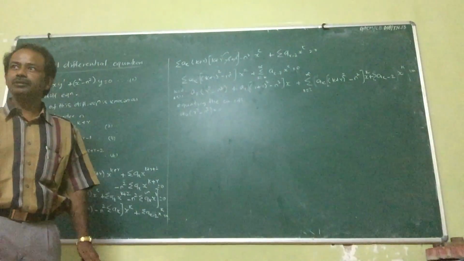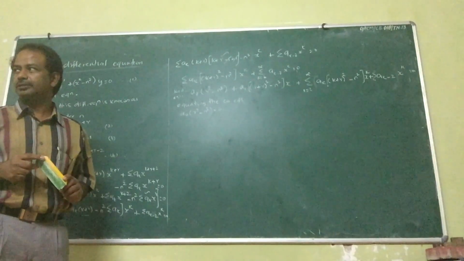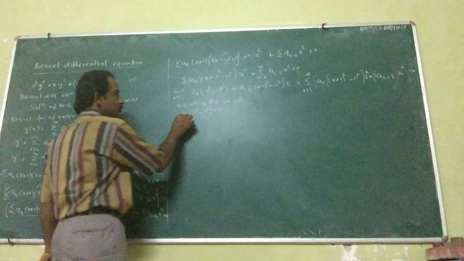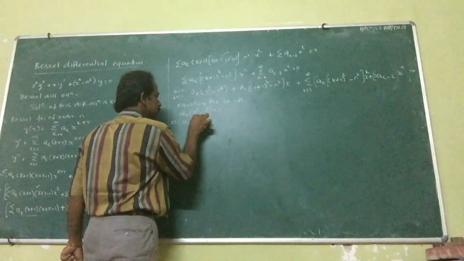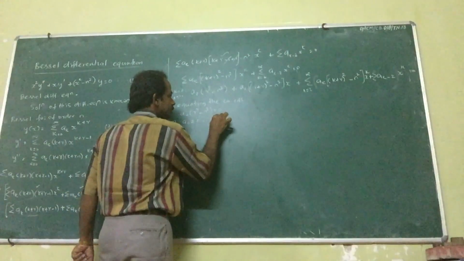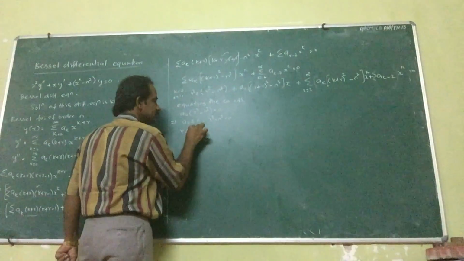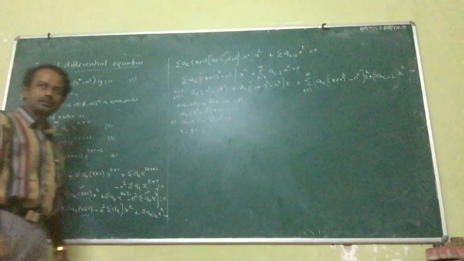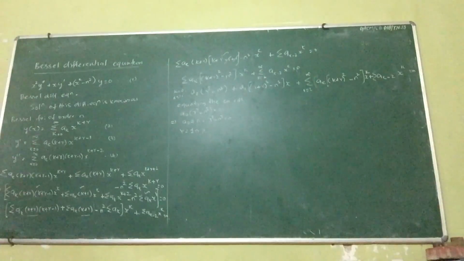The first term a naught will not be equal to 0, surely. So it implies r square minus n square must be equal to 0. So your r must be plus or minus n.